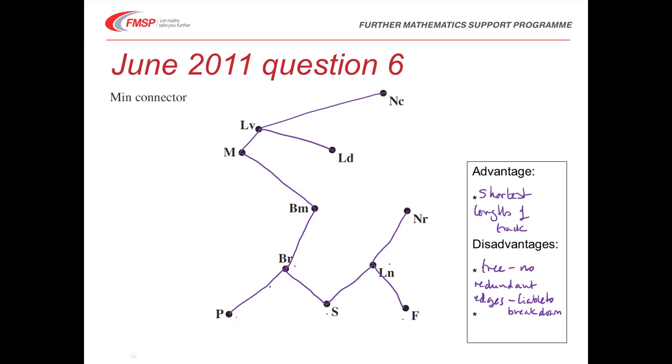Well, if you're going from P to BR, that's the most direct route. But if you're going from P to F, I'm not necessarily sure that this would be the most direct route. So just because you're using minimum connectors between these various towns doesn't necessarily mean it's the shortest route overall. Can't be too cast iron about this, but I think I would have to say some journeys will not be the shortest path.